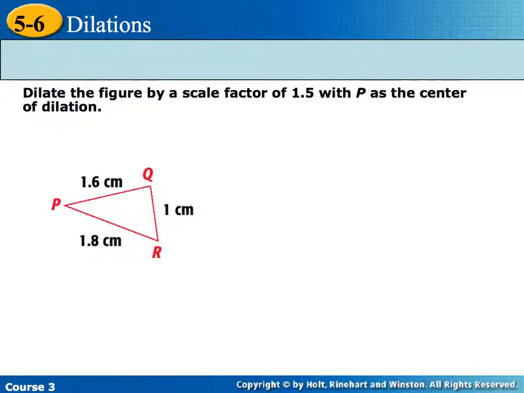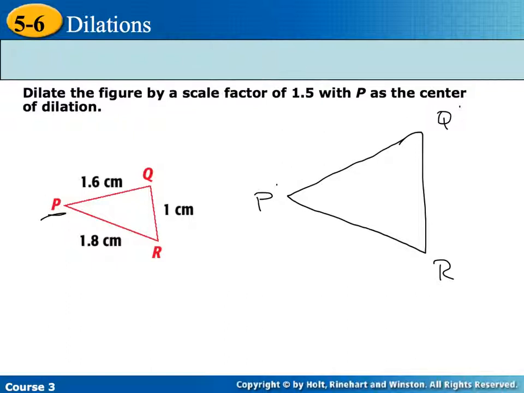All right, now it says dilate the figure by a scale factor of 1.5, with P as the center of the dilation. So that's the center. So essentially I'm going to get this figure that looks like this. P prime, Q prime, R prime.